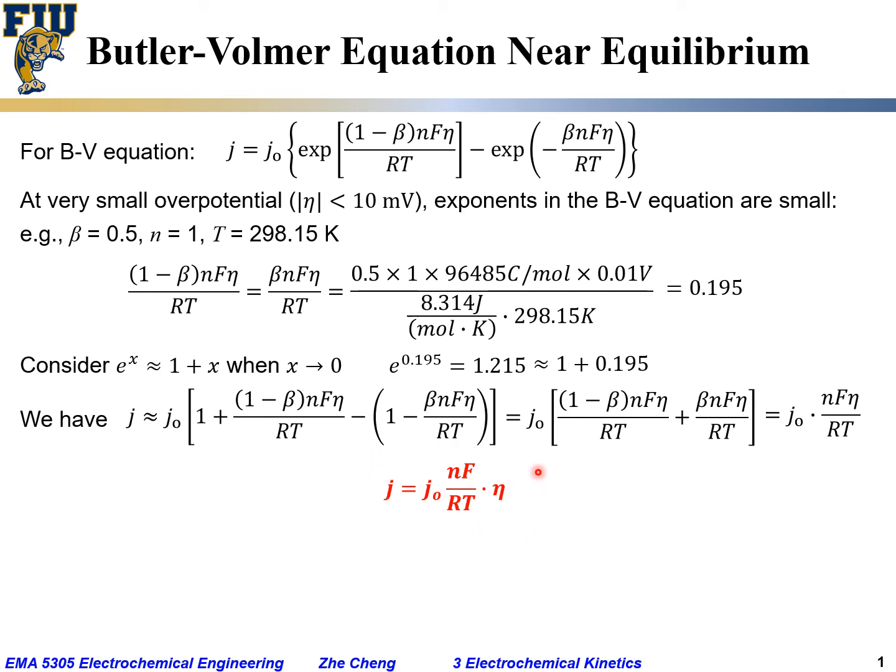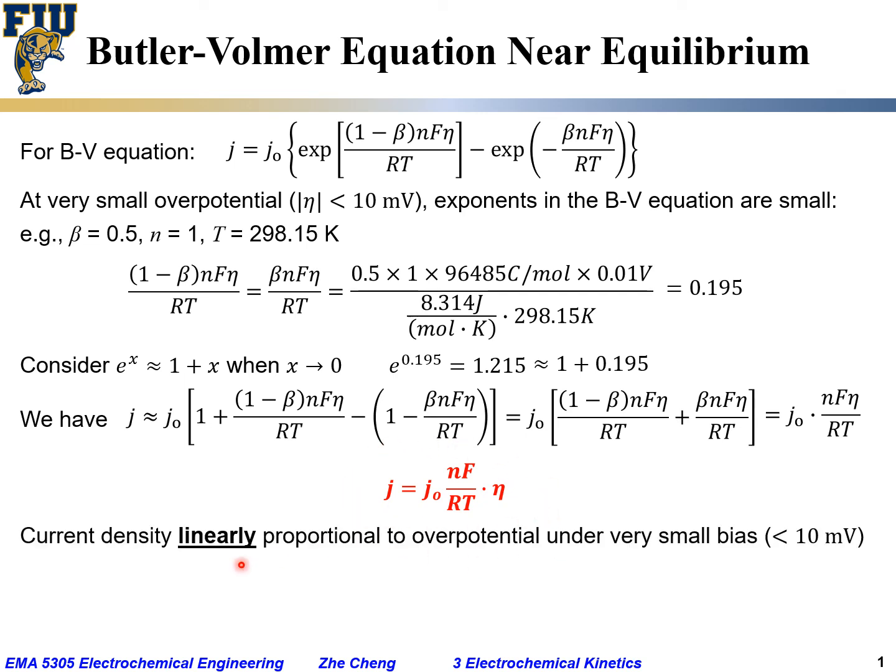We have a simple linear relationship between net current density and eta, the overpotential for the half cell or electrode reaction. Eta, remember, is the difference between the actual potential for the half cell reaction versus the equilibrium potential for that half cell reaction. This applies under very small bias near equilibrium, where the overpotential is smaller than 10 millivolt in absolute value.